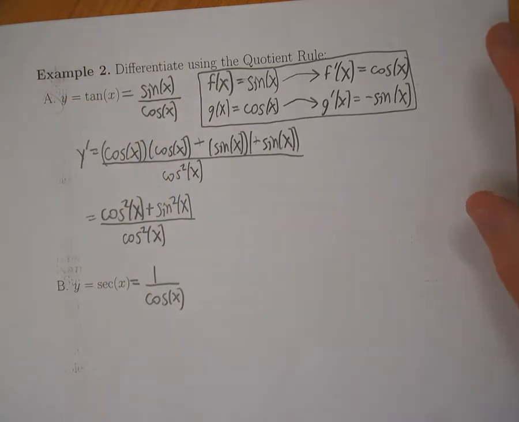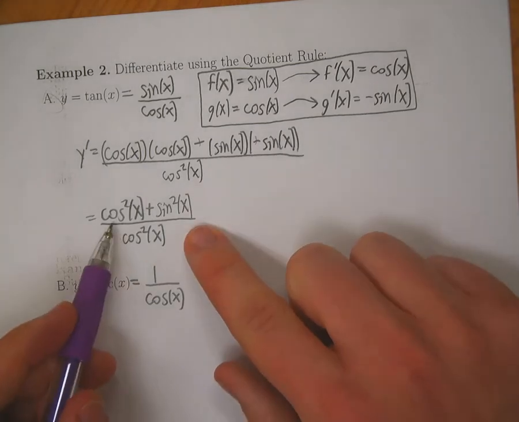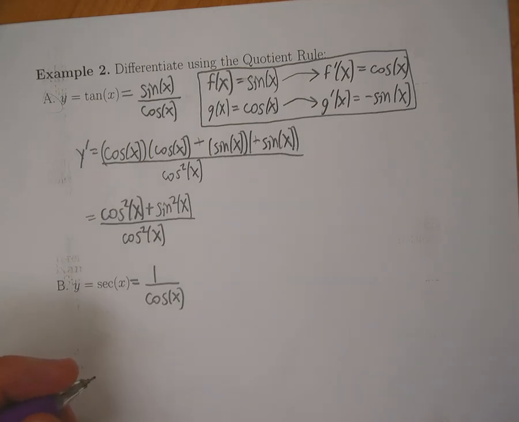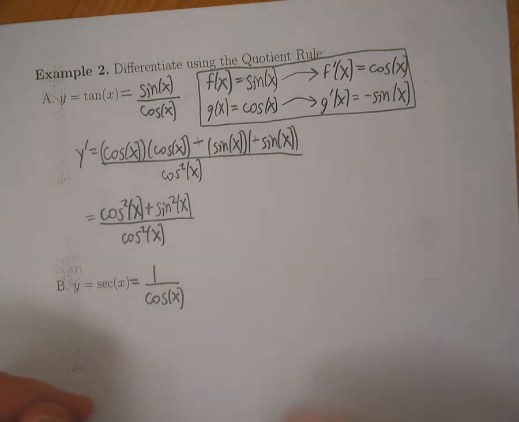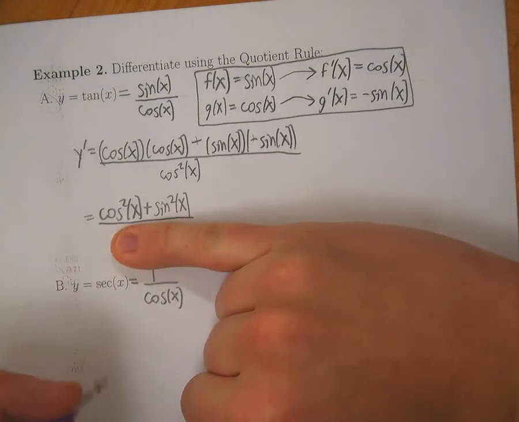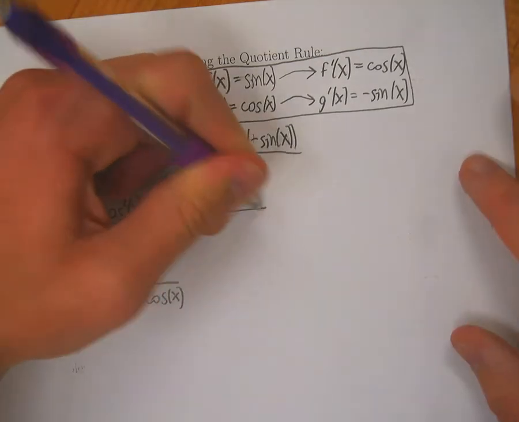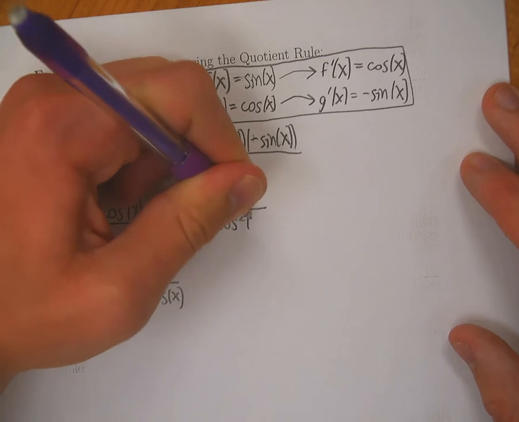But then, what do you notice from this? We have cosine squared plus sine squared on top, but that simplifies pretty nicely to what? Not quite. So cosine squared plus sine squared is just 1, right? So just focusing on this part here, this is just 1 over cosine squared of x.